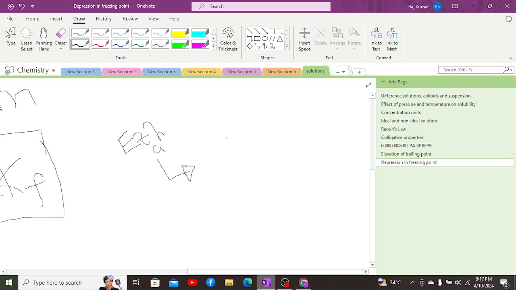Apart from which, in ice cream machines we utilize some salts, such as sodium chloride and sodium nitrate.